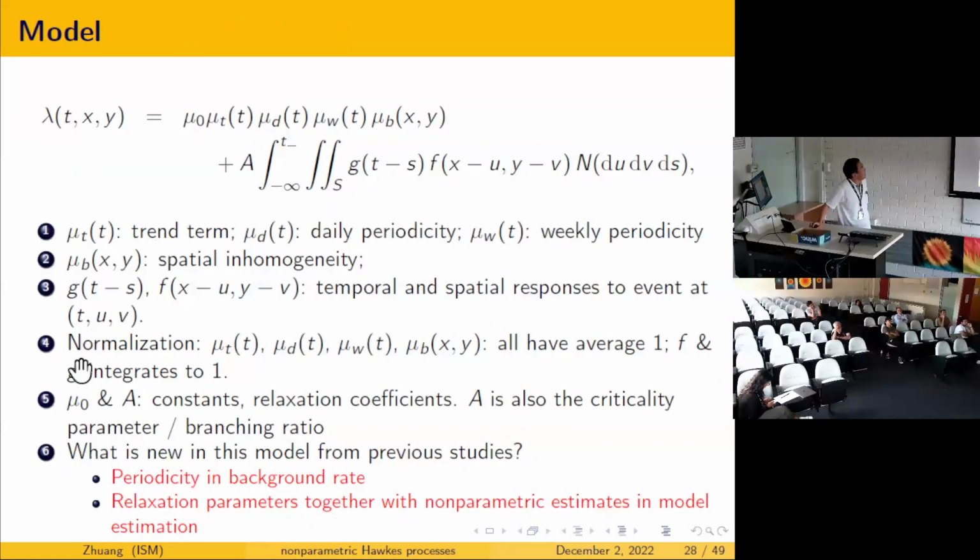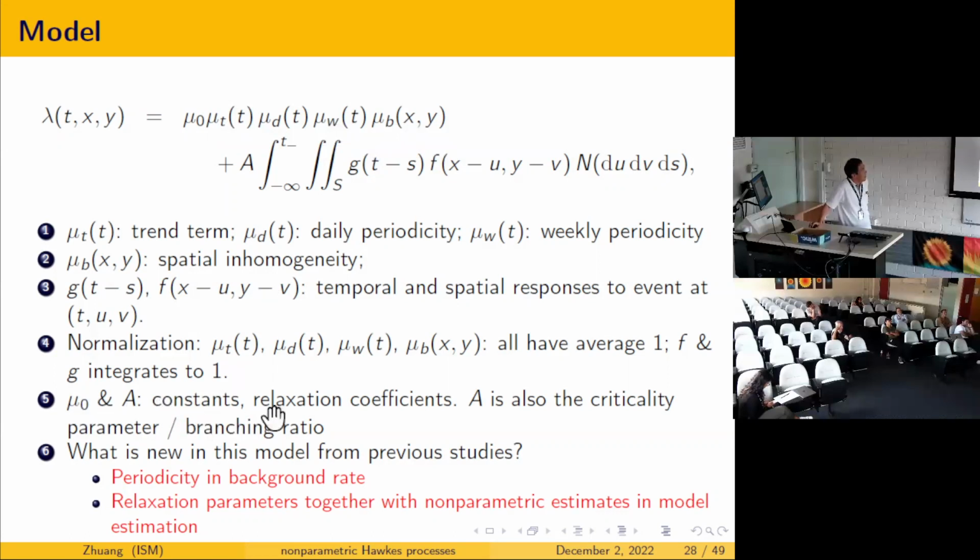And I also assume there are those two constants, just trying to make those functions identifiable.